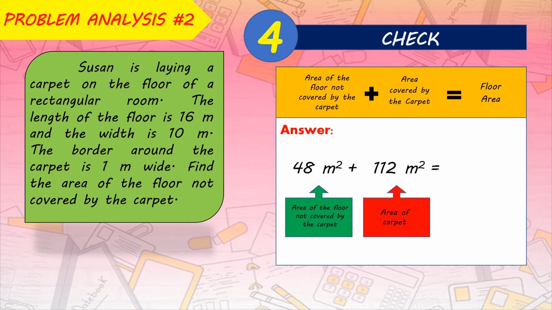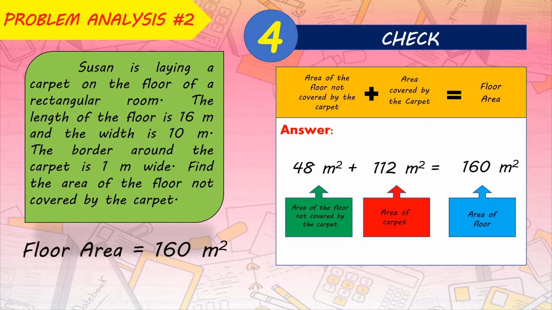If we add this, what will we get? We will get 160 square meters, which is the area of the floor. So did we get the correct answer? Yes, because the area of the floor is 160 square meters. Very good.